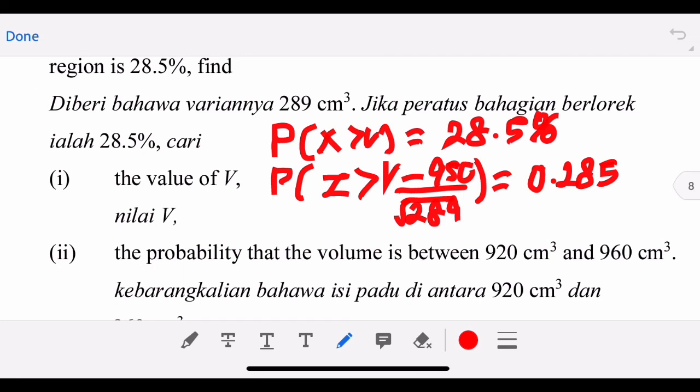Okay, now if you are given the probability value, if you are having the new calculator, the 570, the new one, you can actually use an inverse. Okay, inverse. You go to bell shape, go to inverse, you key in 0.285.